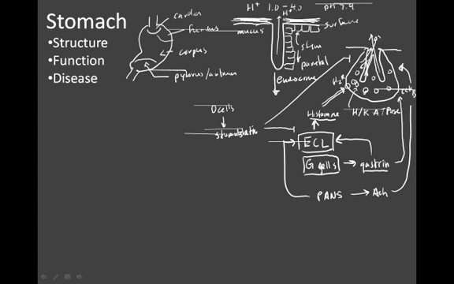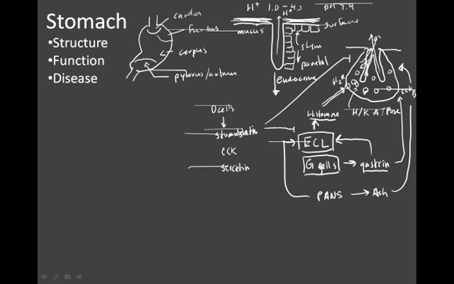In addition to somatostatin, there's CCK, an enzyme secreted by the duodenum, which decreases the motility of the stomach, as well as secretin. These are three main molecules that decrease the activity inside the stomach.